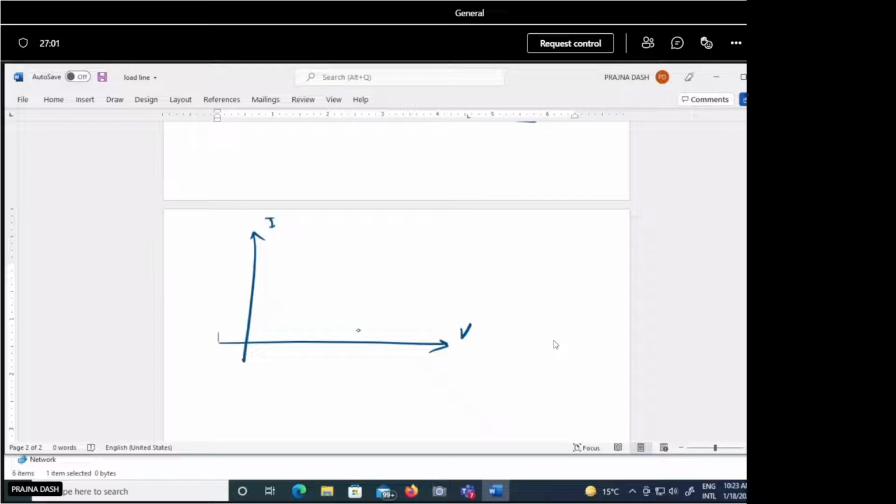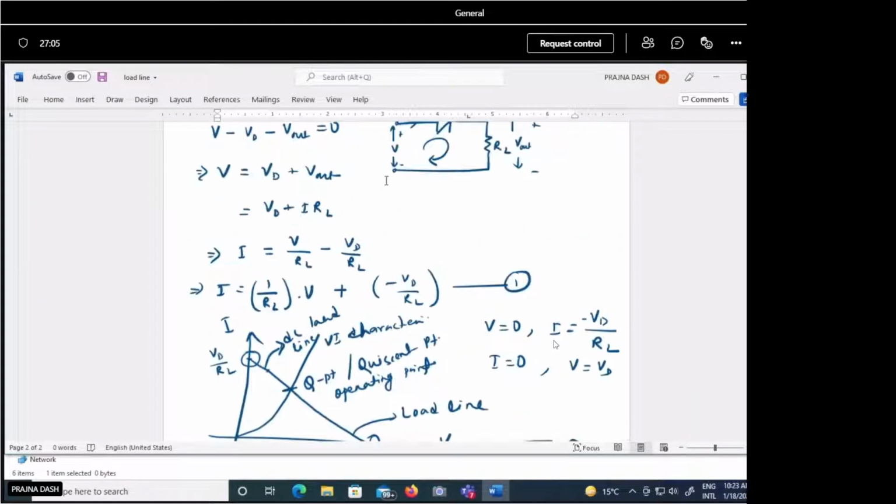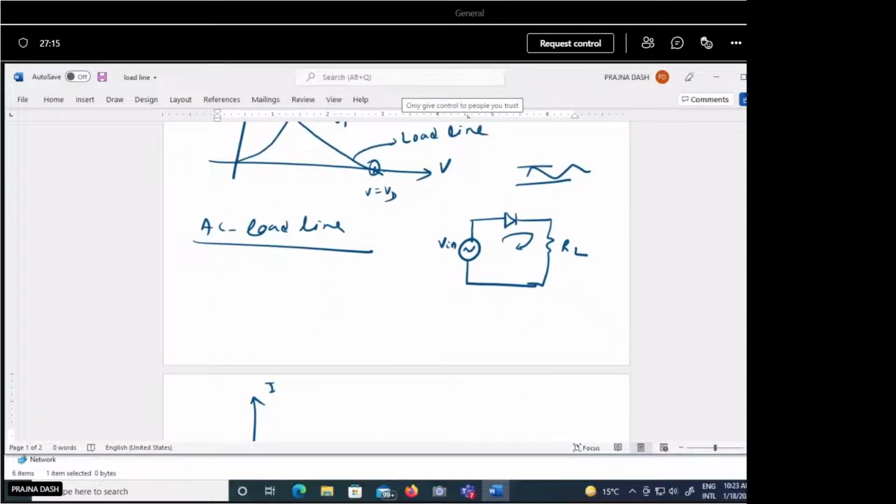what will we get in this case? Just like your previous equation, here the voltage is not a fixed quantity, it will vary from some Vin to some Vin dash, let's say. Suppose the AC voltage is varying from Vin to Vin dash. So one is your Vin, another is your Vin dash, and we are getting two voltage ranges here.